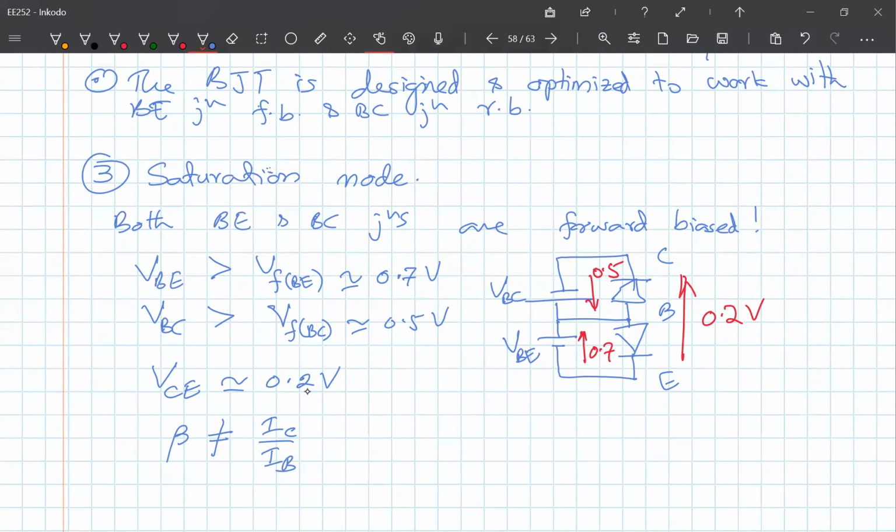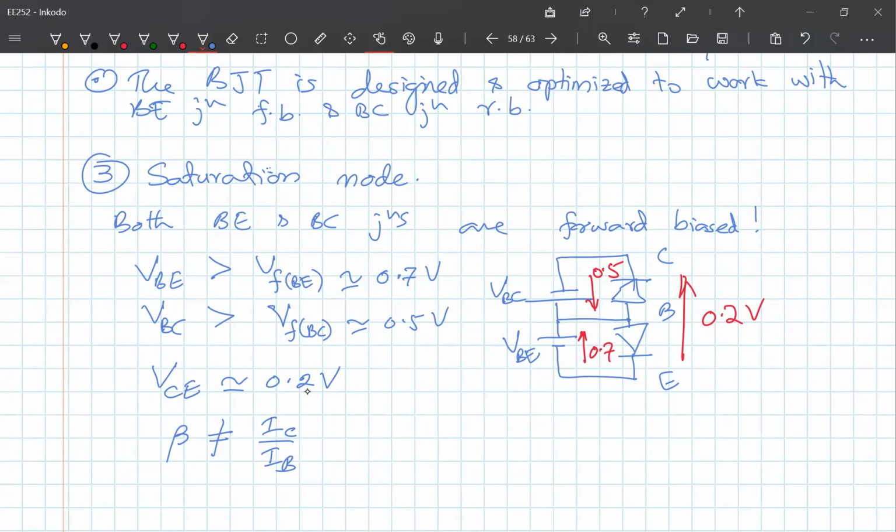IC cannot increase as preferred, but IB can increase. So beta is much less than 100, or whatever value you have. IC divided by IB is much less than 100.